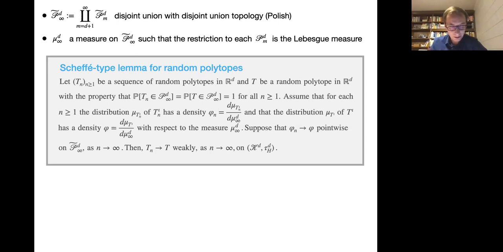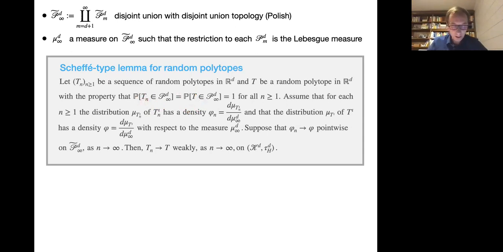Let's suppose that these random polytopes live in our spaces, meaning that they live in the disjoint union of these spaces modulo the identification to the space of polytopes. So with probability 1, all the vertices of these polytopes are different and have different first coordinates. That's exactly what our random polytopes satisfy, the limiting polytope and the polytopes that we are working with.